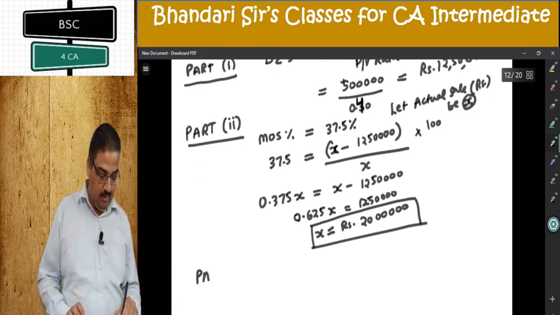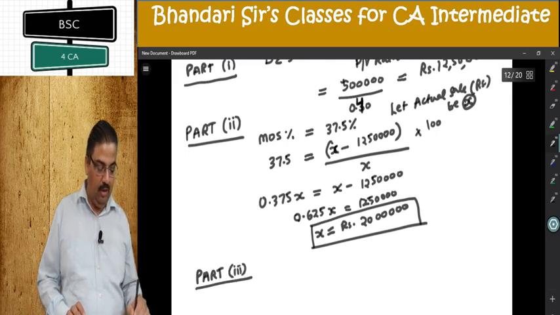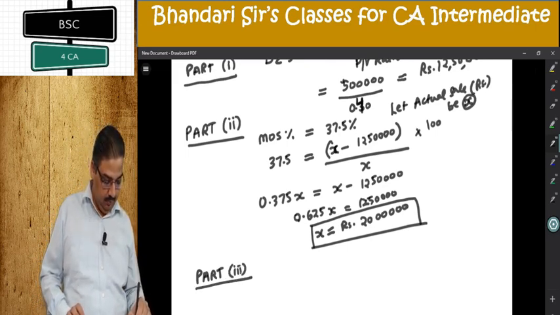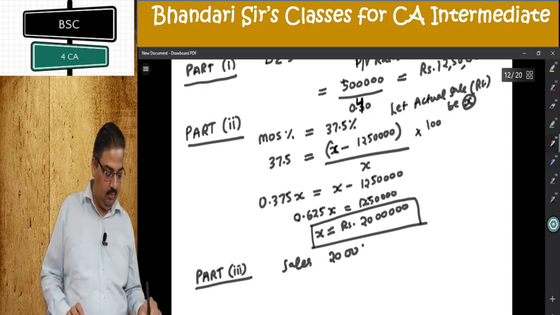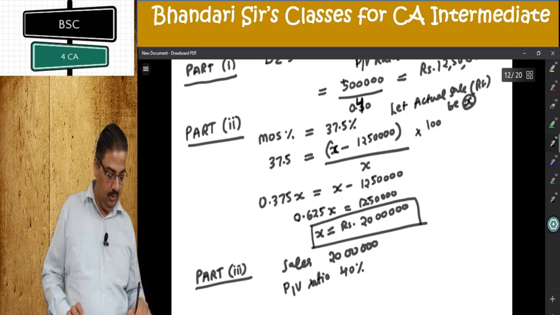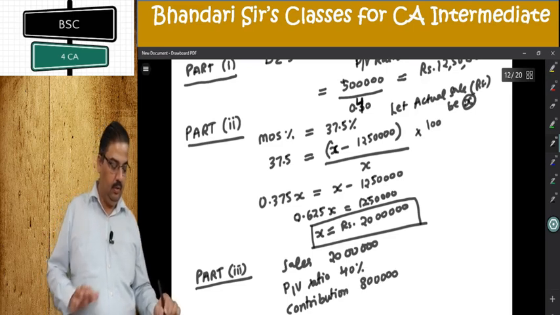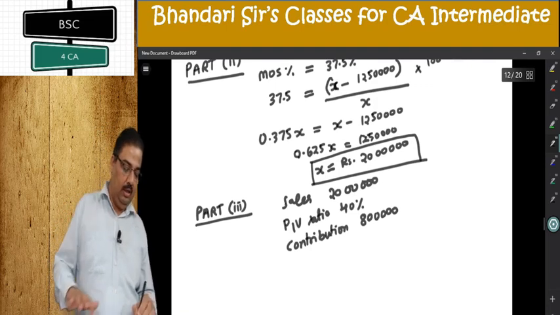Part 3, very simple now. He wants you to calculate variable cost. Sales 20 lakh, PV ratio 40%, makes contribution 8 lakh. And sale minus contribution is variable cost.